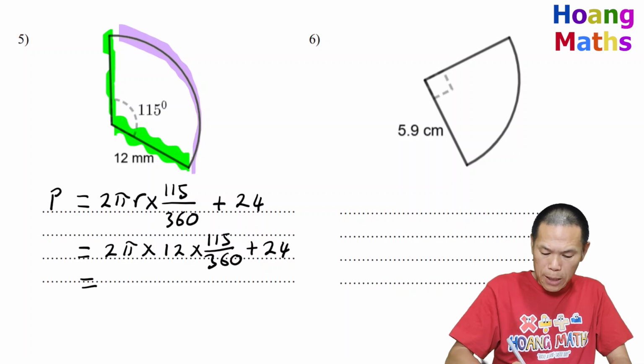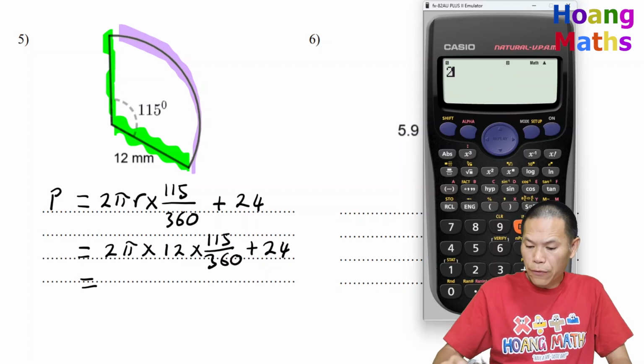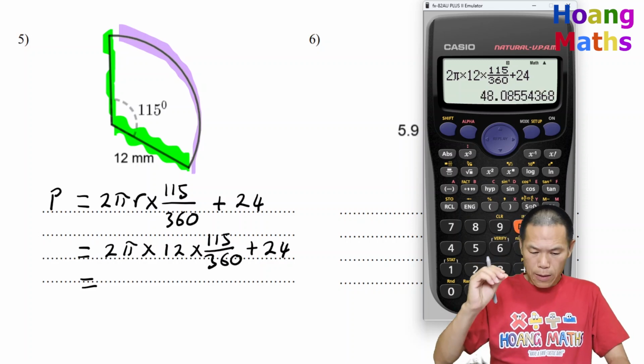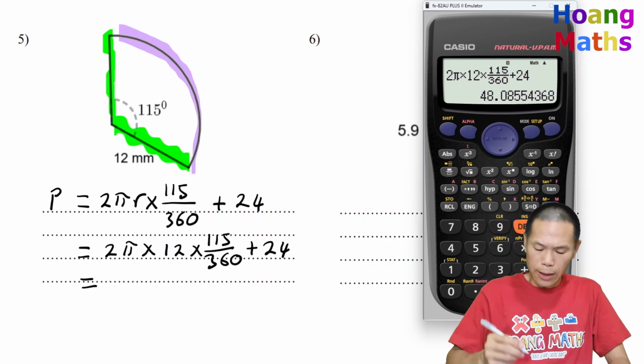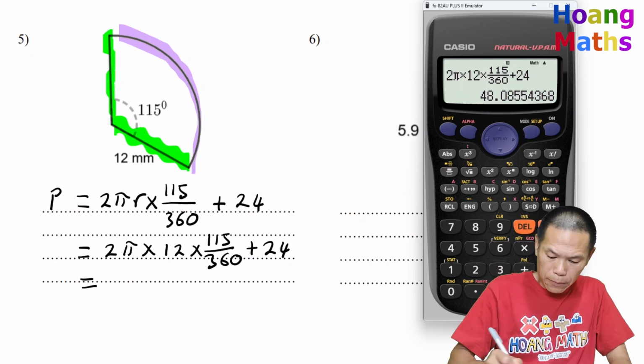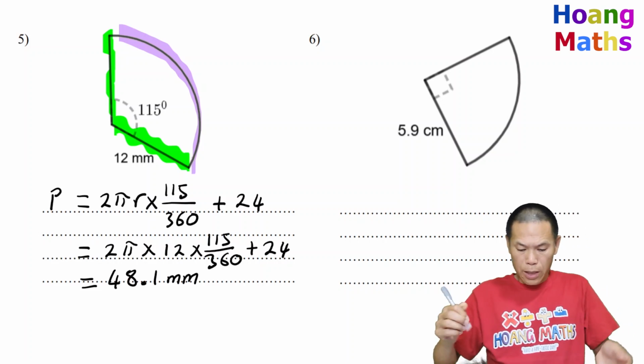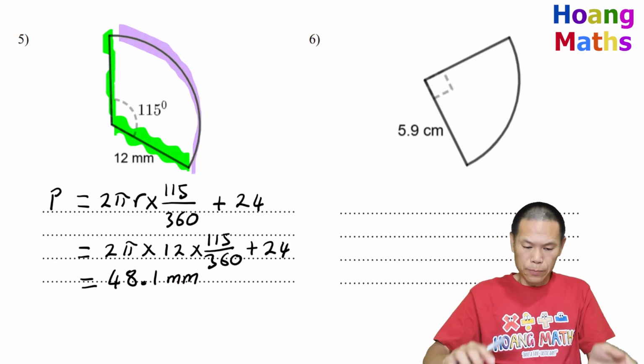So 2 shift pi times 12 times 115 out of 360, and then we need to add 24. So there you go, 48.1 millimeters. Don't forget the units, okay? So 48.1 millimeters. So there you go.